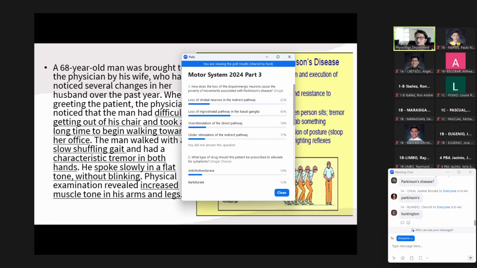Okay? But may nag-answer pa rin ng acetylcholinesterase, barbiturates, sympathomimetic. Nandun na yung sagot sa tanong, dopaminergic neurons. So therefore, okay, we will prescribe dopamine precursors. Diba? I'm still looking at the brighter side. 69% yung sumagot.